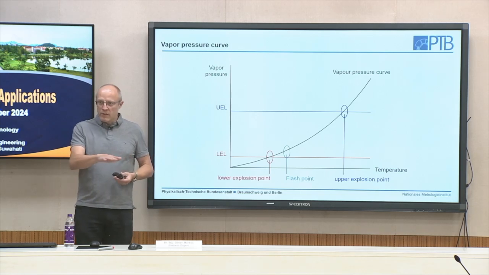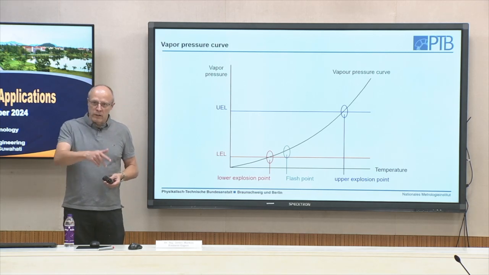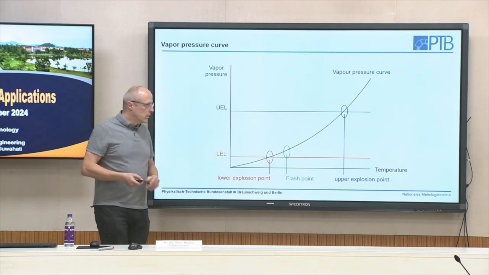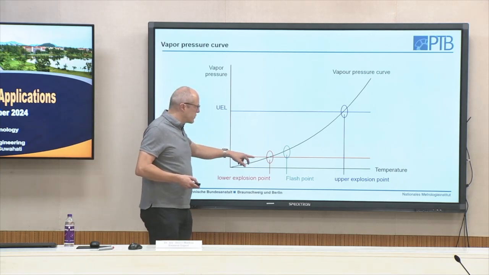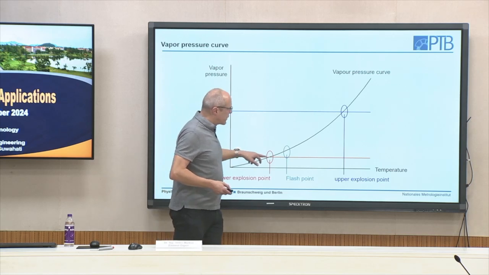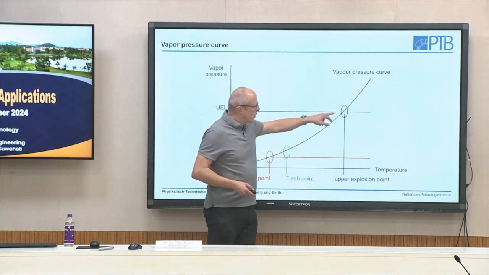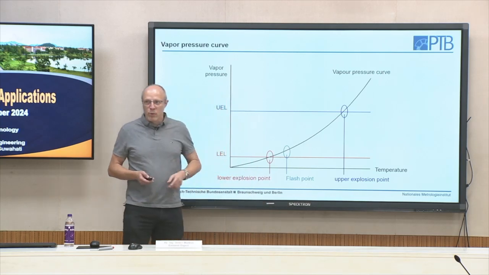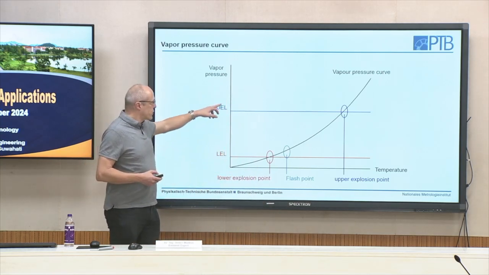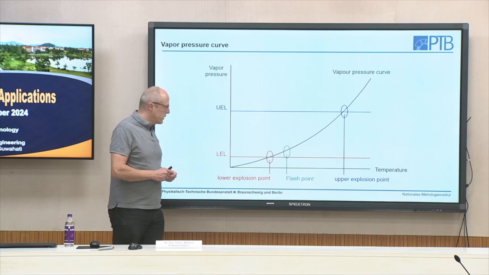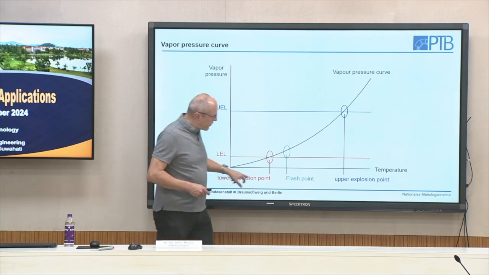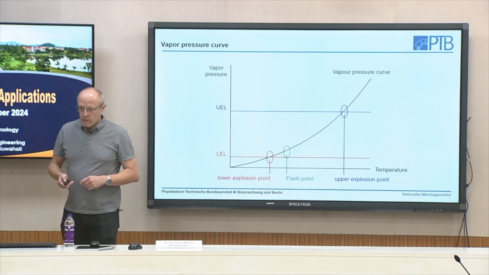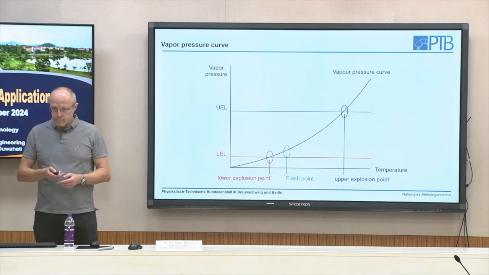However, when we are above a liquid surface, we cannot ignite it because the disturbance from the liquid surface is too big. And then if we increase the temperature and vapor pressure again, we finally reach this upper explosion point, which corresponds to the upper explosion limit. So sometimes in literature these quantities are also given as upper and lower explosion point.